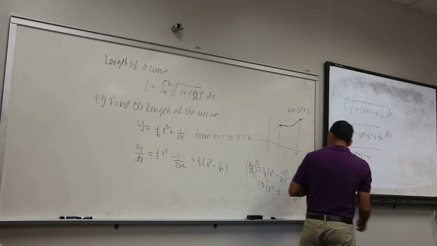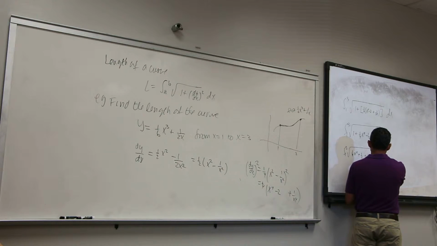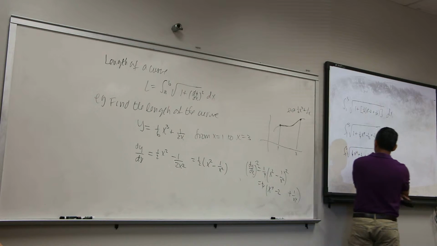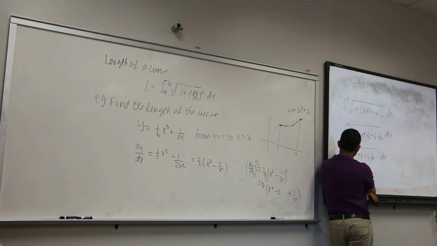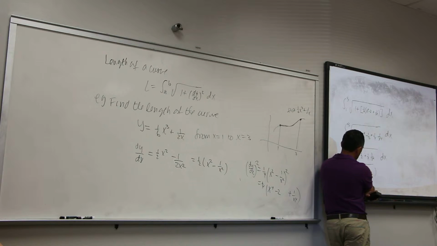I'll take the 1/4 out as a common factor. One-fourth times what? x to the 4 plus 2 plus 1 over x to the 4.